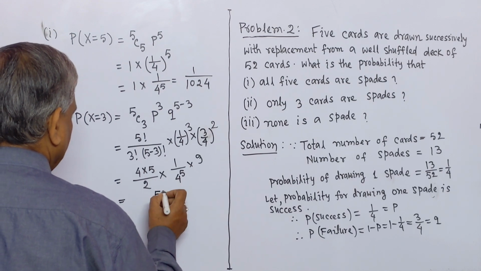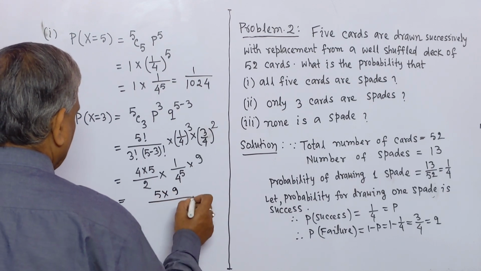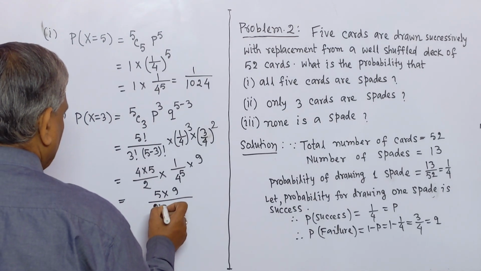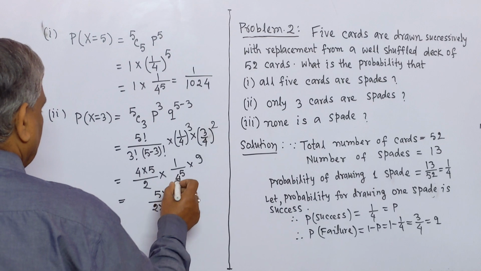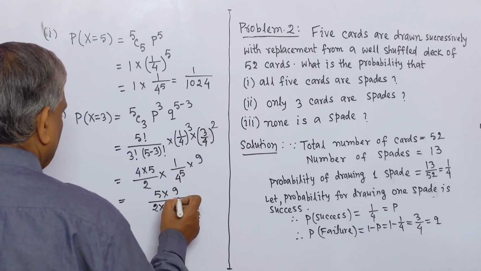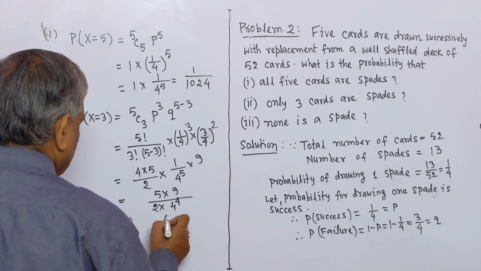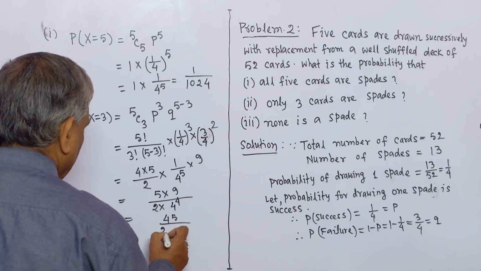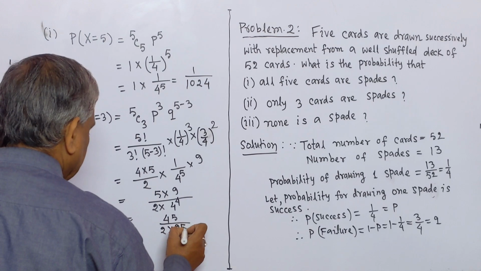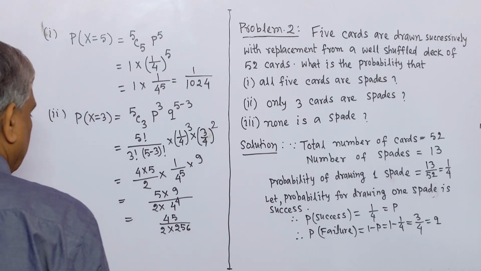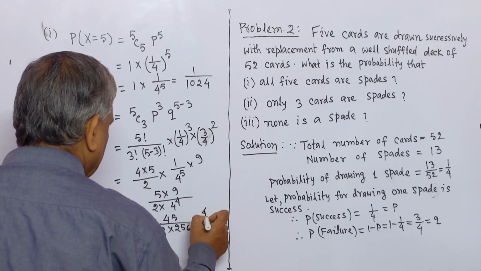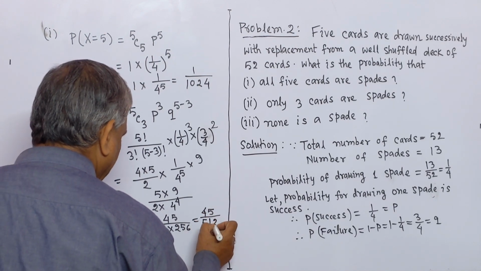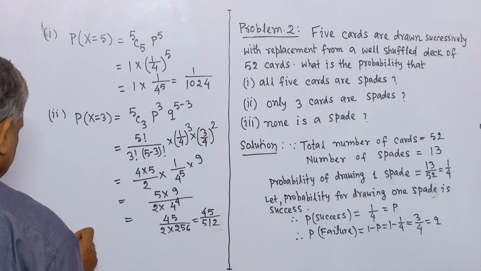So 5 multiply 9 by 2 multiply here 4 to the power 4. This is 45 by 2 multiply 256. This equal to 45 by 512.